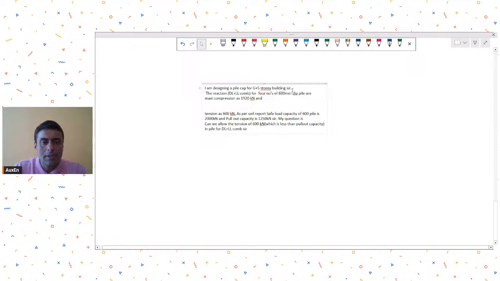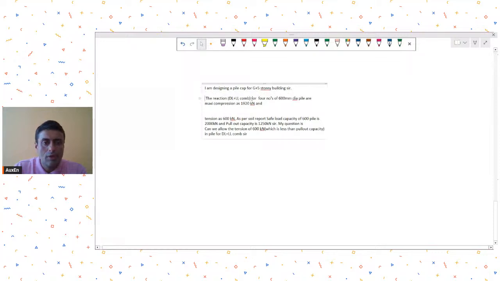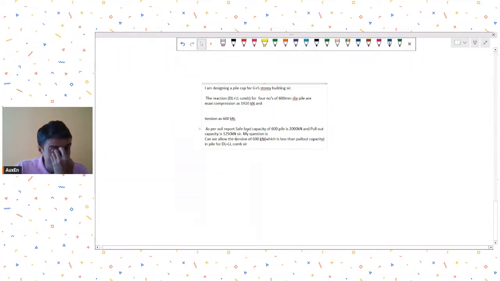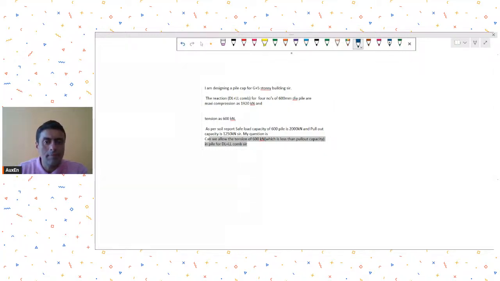The reactions, dead plus live, for four numbers of 600 dia piles are maximum compression 1920 kilonewton and tension 600 kilonewton. As per the soil report, safe load capacity of a 600 dia pile is 2000 kilonewton, and pull-out capacity is given. Can we allow the tension of 600 kilonewton, which is less than the pull-out capacity, in the pile for dead plus live combination?